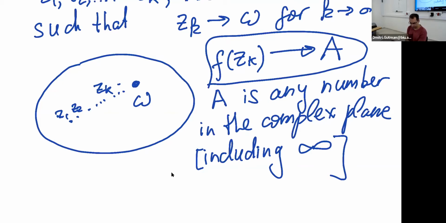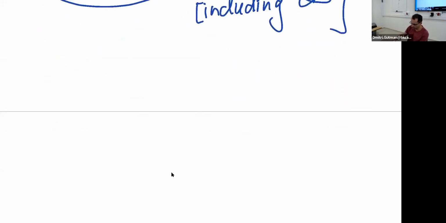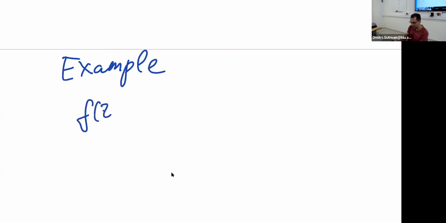Let me show you how it works by example. So let us look at our favorite function with essential singularity, f of z equals e to the power 1 over z.